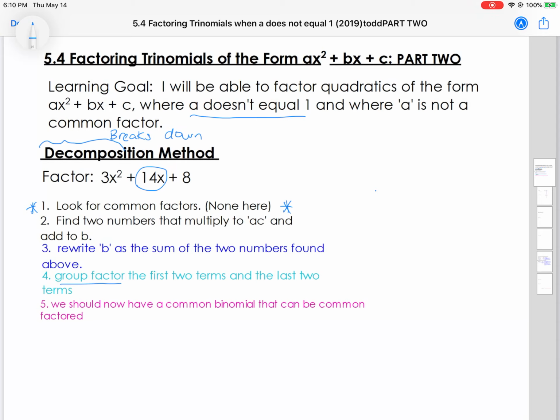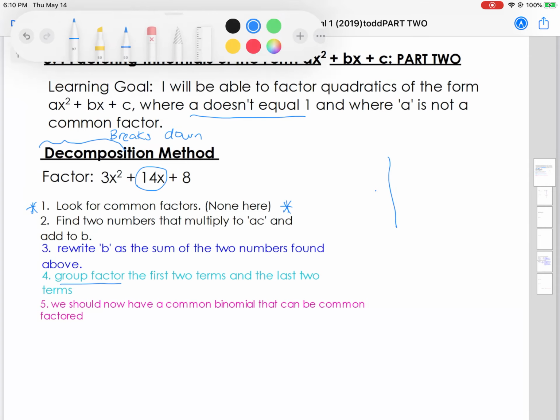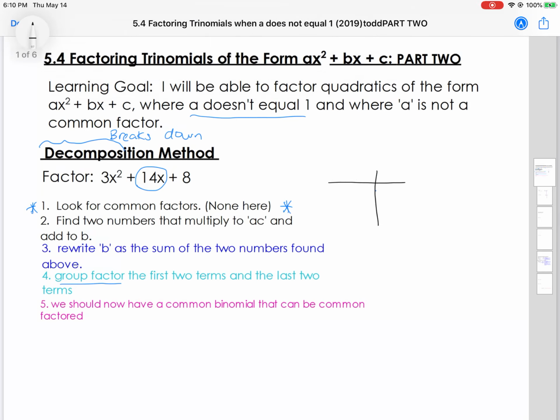And we're still going to find 2 numbers, but this time we need to find 2 numbers that multiply to AC. So A times C, that means 3 times 8. In the other method for factoring, we also did A times C, but it was just an equation that would have looked like this, right?